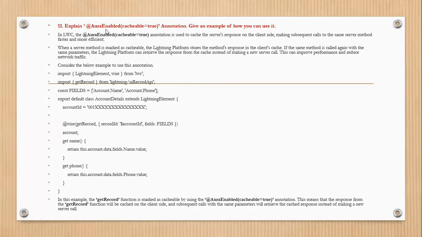Next, explain the @AuraEnabled(cacheable=true) annotation. Give an example of how you can use it. In LWC, the @AuraEnabled cacheable=true annotation is used to cache the server response on the client side, making subsequent calls to some server methods faster and more efficient.